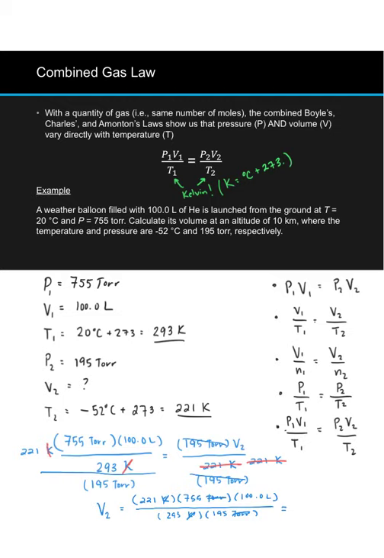And if we punch this whole thing into a calculator, we end up with 292, to 3 significant digits, liters. Our new volume is expected to be 292 liters, a quantity that we might not necessarily have deduced just by inspection of this combined gas law relationship.